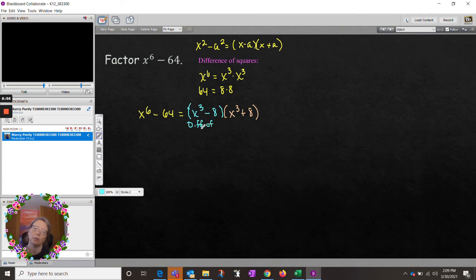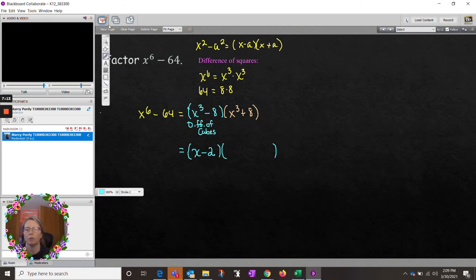So we're going to factor that one following the difference of cubes pattern, which is, let's see, x minus 2, and I'll write them over here to the side if you need to see them written out. X cubed is x times x times x, and 8 is 2 times 2 times 2.